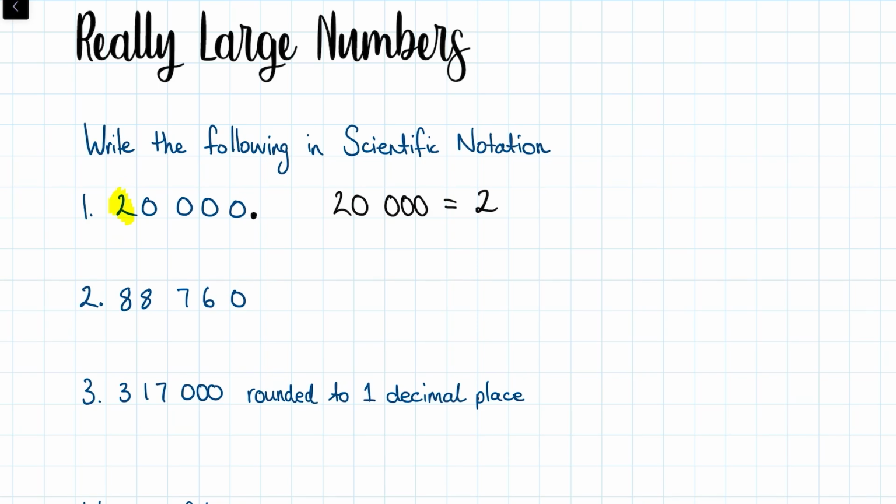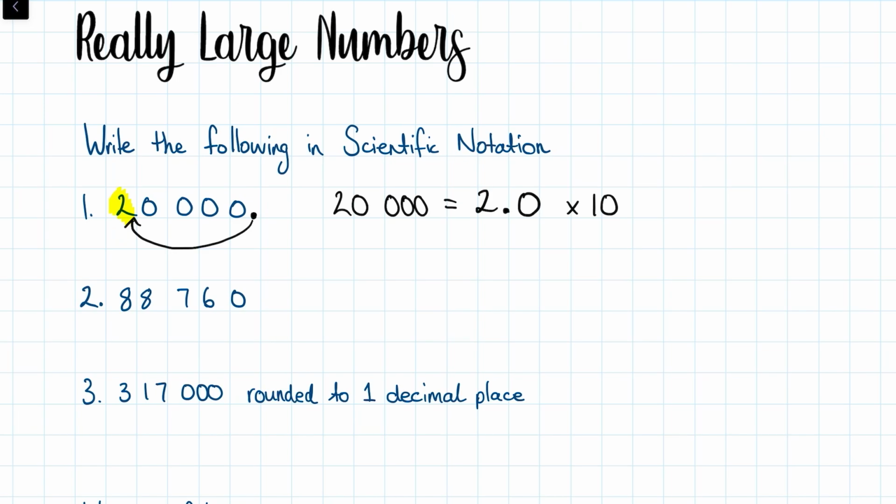So I write the 2, and the very next thing is I put the decimal point there. So this decimal point is going to jump all the way to after the 2. I'm going to write 2.0 because there's no other values after the 2. I'm going to then times that by 10. And I need to then count how many spots did I move it.